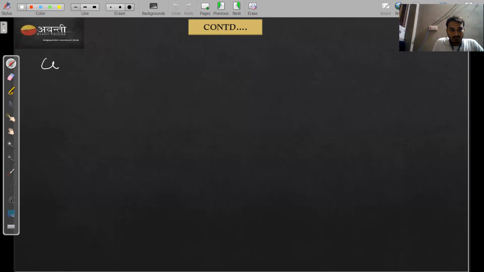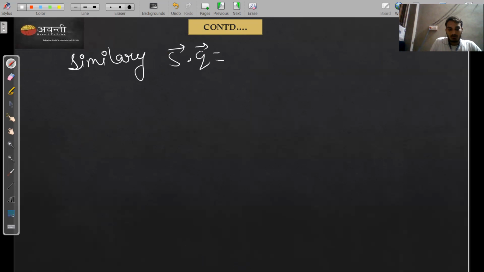Now consider similarly. So now you understood, right? When you do it for s dot q, s dot q becomes z times r cross p dot q. And the other terms give a vector which is perpendicular to q, and then you are doing the dot product with q, so the box of that thing would be 0.